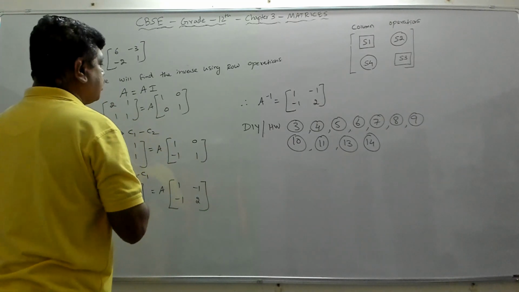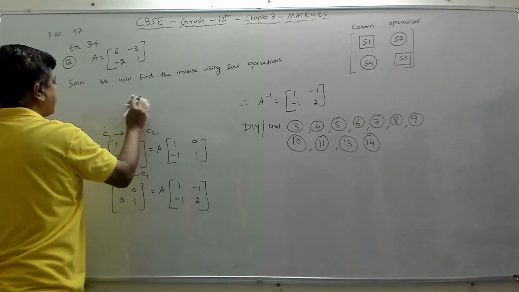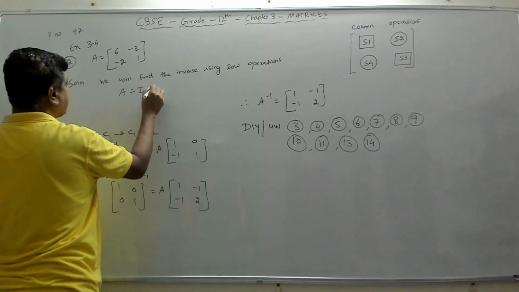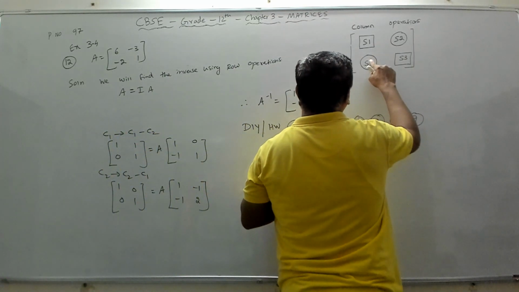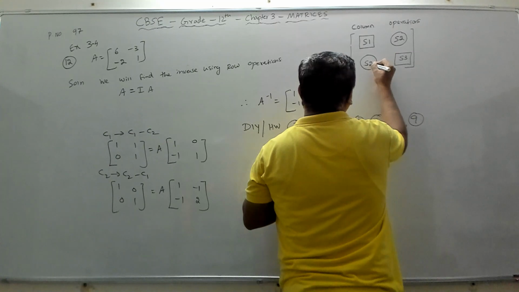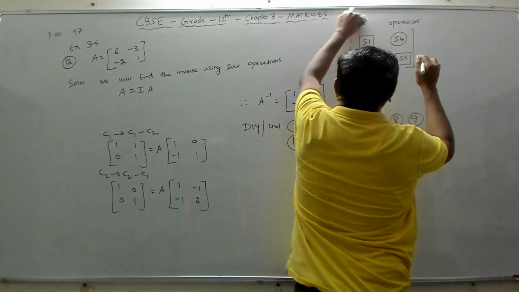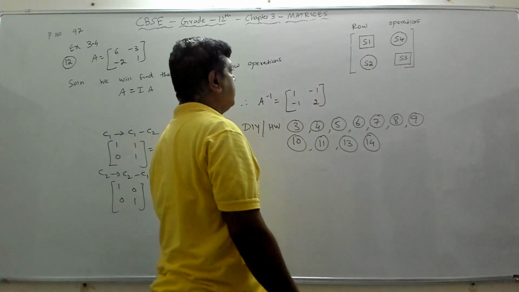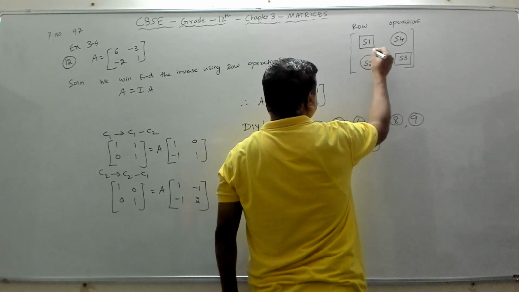Fine. So in the row operation, what do we write? If it is row operations, we will write A as I into A. That is the first step. And then we have to change the order. So this will be S1, then this will become S2. This is your S3 and this will become S4. The first step, this should become 1. Then second step is this element should become 0.